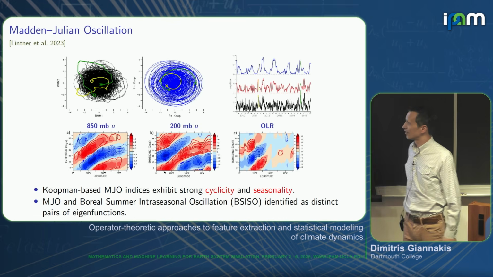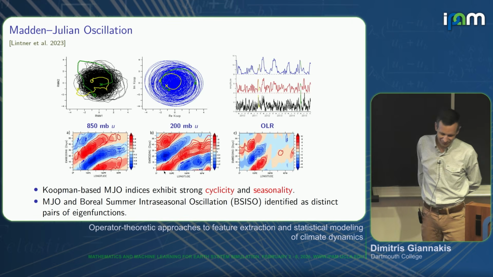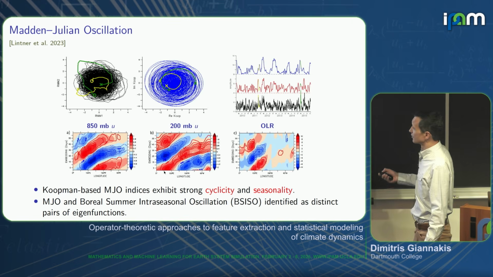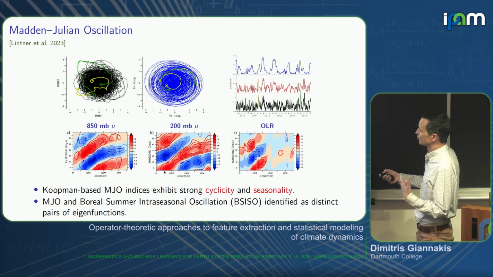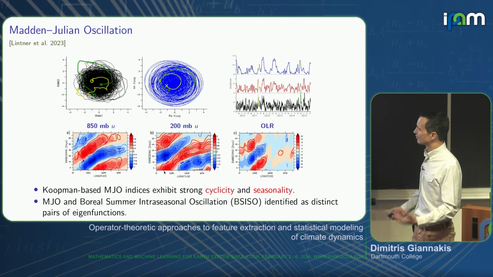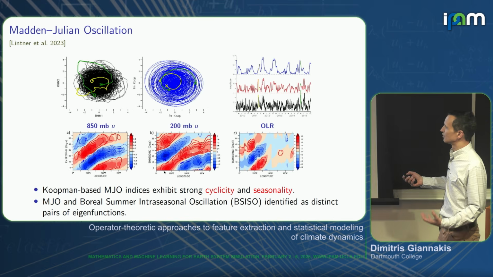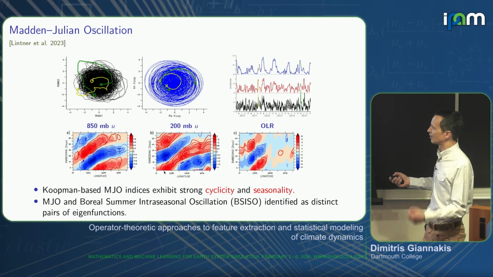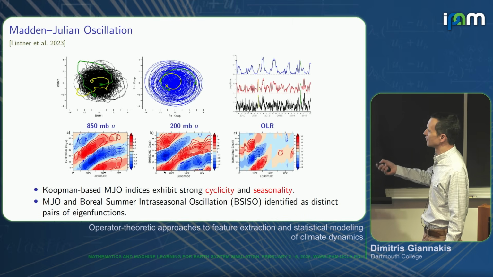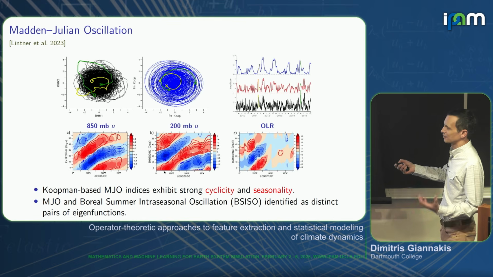And this can be useful for a variety of tasks related to machine learning because, for instance, this could provide a set of features or coordinates through which to compare different models, or to compute conditional statistics of observables of models conditioned on these eigenfunctions as indices.